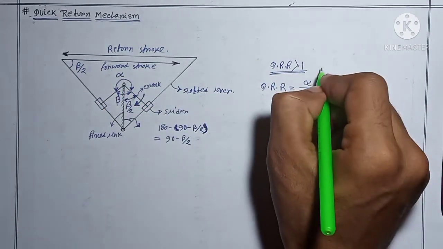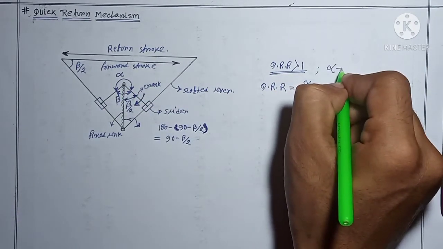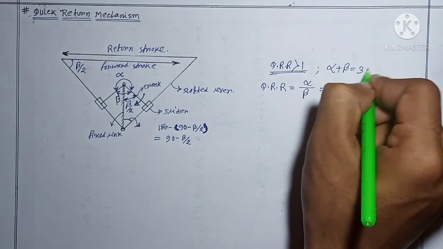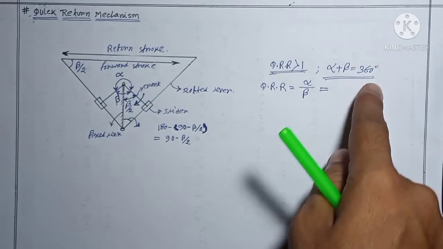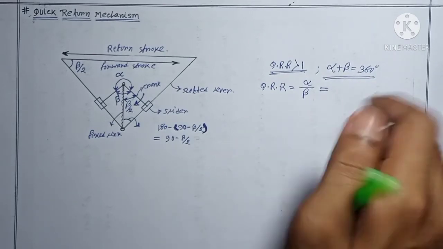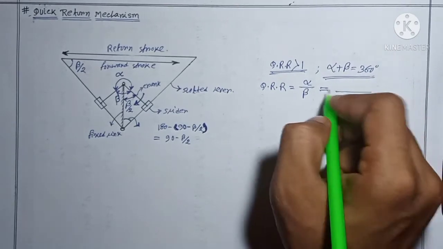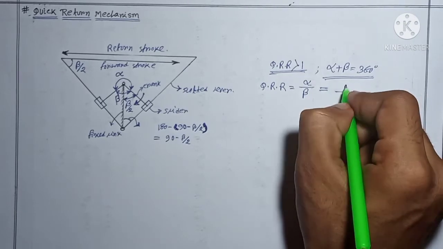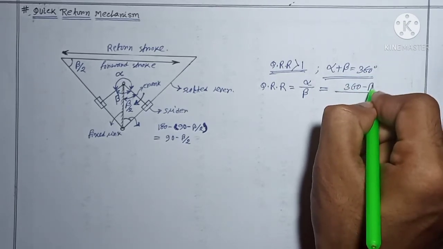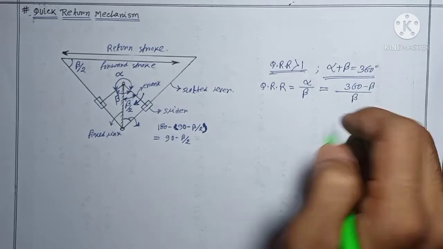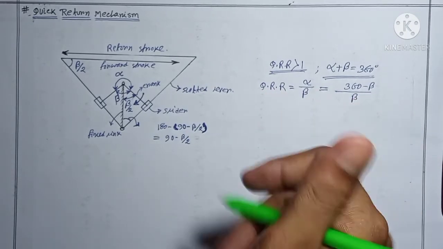From the diagram, the relation is alpha plus beta equals 360 degrees. So if beta is given in the question, alpha can be represented as 360 minus beta.